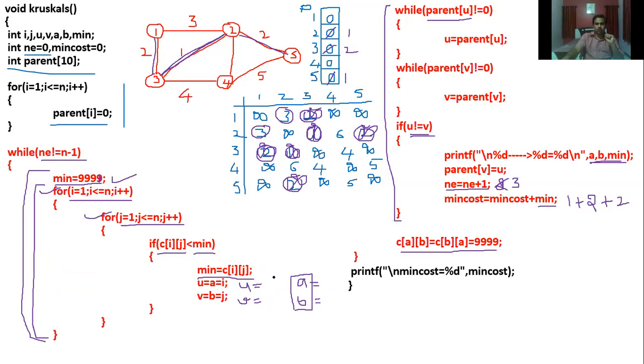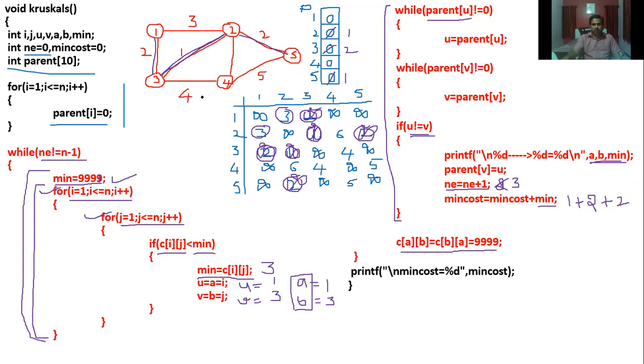U is equal to 1, V is equal to 3, and AB will also be the same. Minimum is going to be 3. I'm supposed to check whether there is a cycle formation if I consider this AB edge. Just on a visualization, suppose I draw an edge over here, between 1 to, oh sorry, this is 1 to 2. 1 to 2.